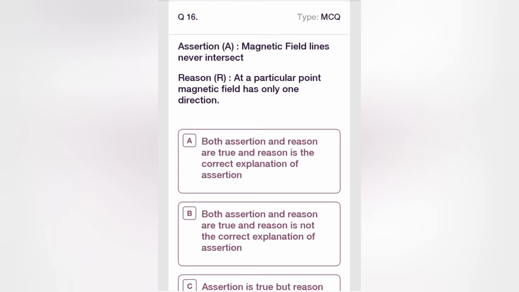They flow from north to south outside the bar magnet, and inside the bar magnet south to north. So it has only one direction. So both the assertion and reason are true, and the reason is the correct explanation of the assertion. That means it must be option A.